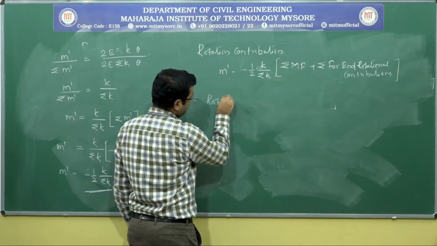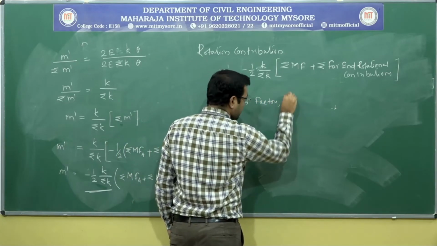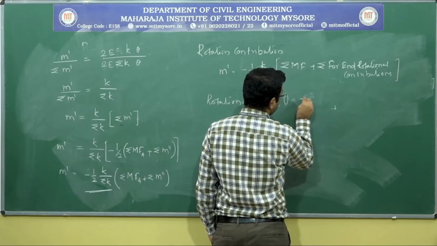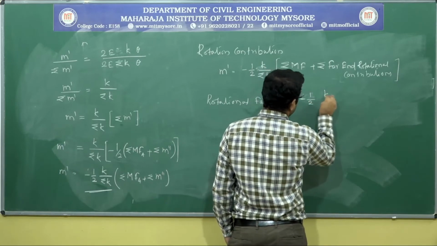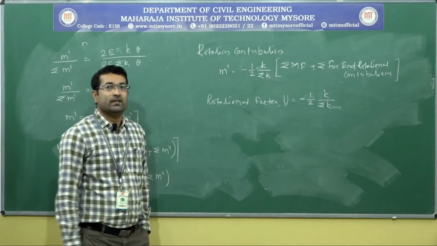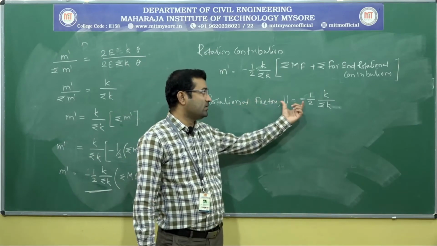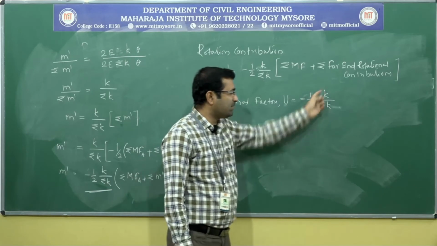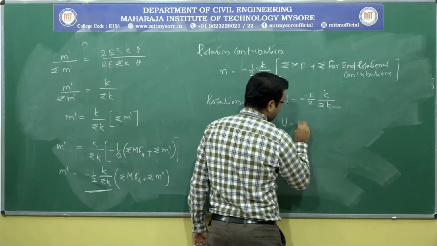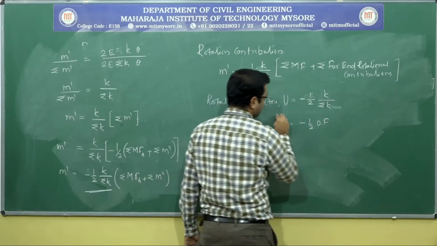Therefore, the rotational factor we represent as U is equal to minus half of K by summation of K. So we need to use these formulas to determine the rotation factors. K by summation of K is nothing but the distribution factor. You can even write this as minus half of the distribution factor also, if you want.